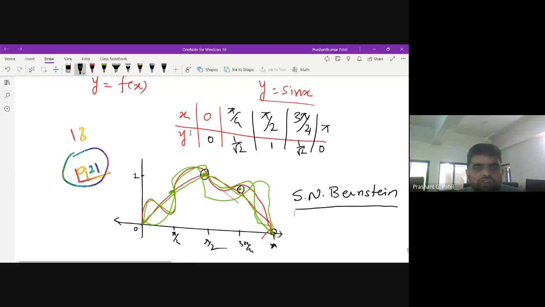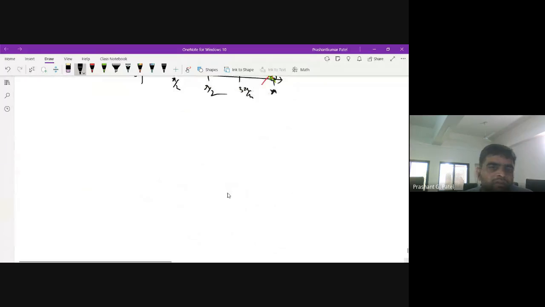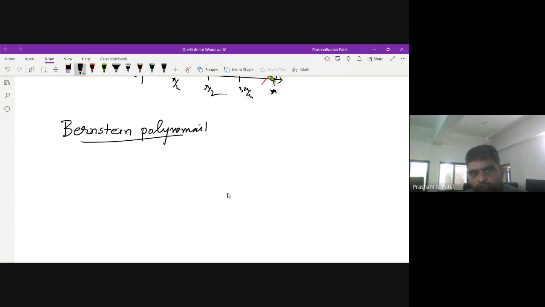So in this lecture, we will discuss these Bernstein polynomials. Why are they known as Bernstein polynomials? Because Bernstein was the first mathematician who proved the approximation theorem using this polynomial.